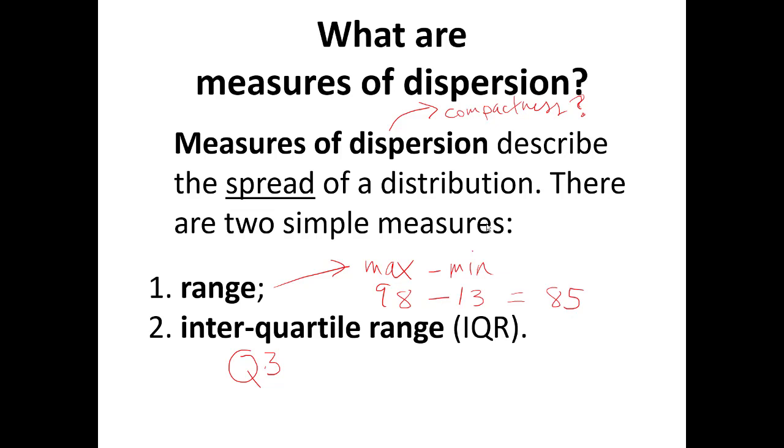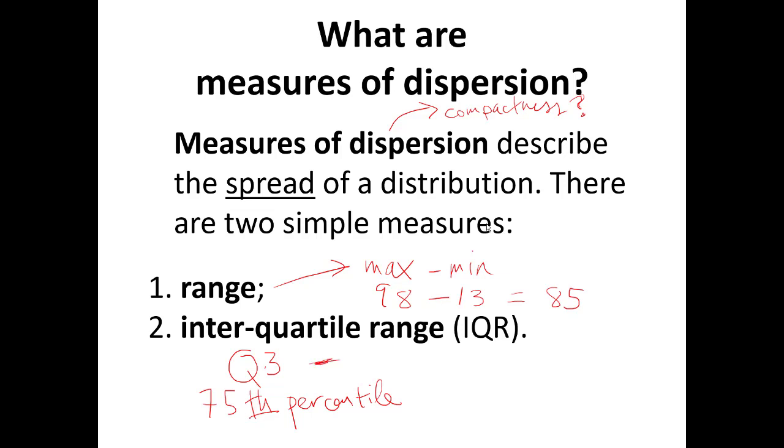So we take the third quartile, sometimes called the 75th percentile. So basically, you find the 50th percentile, which is the median, and then you just move up 25 percentage points from that to get the 75th percentile.